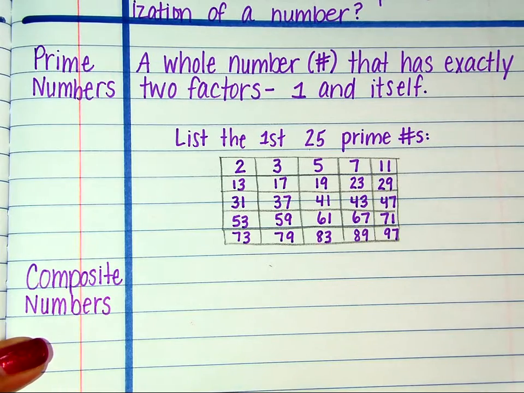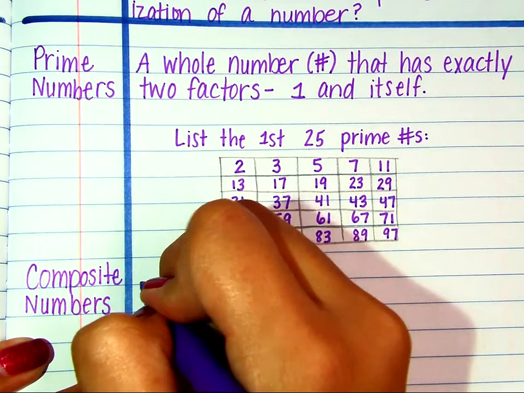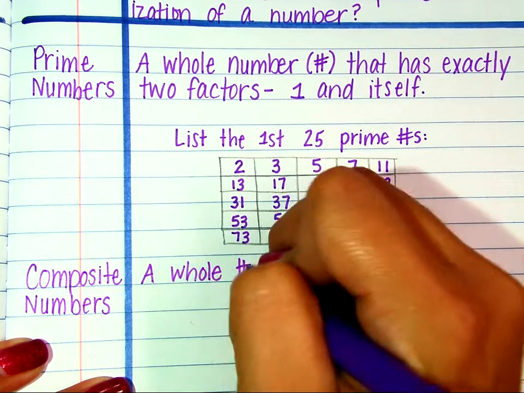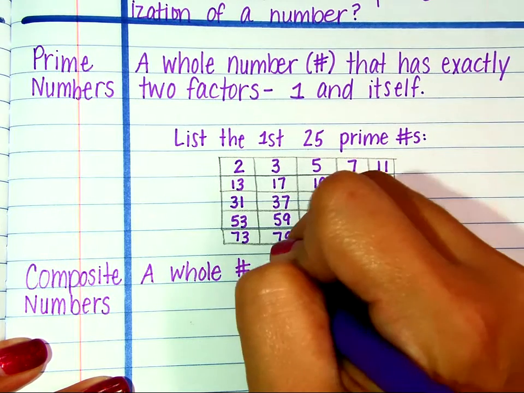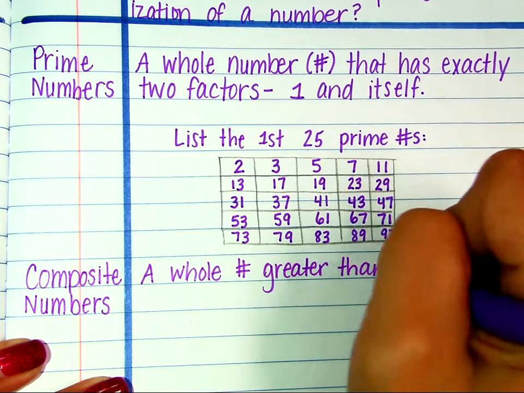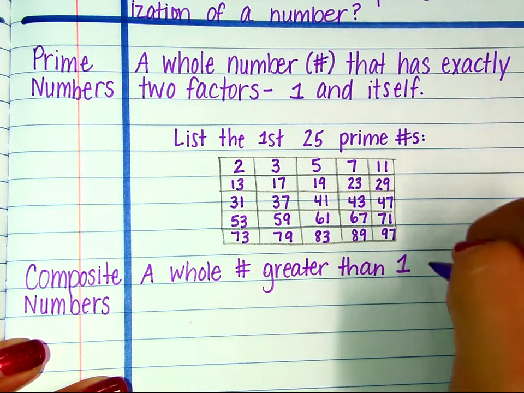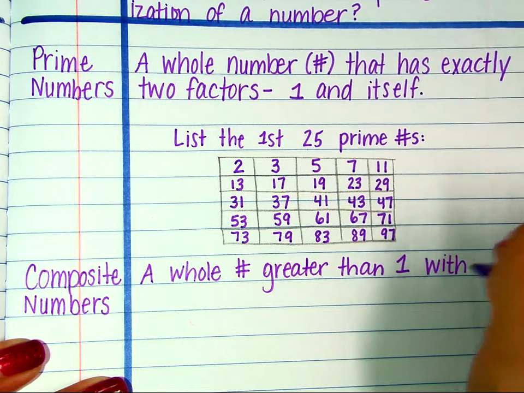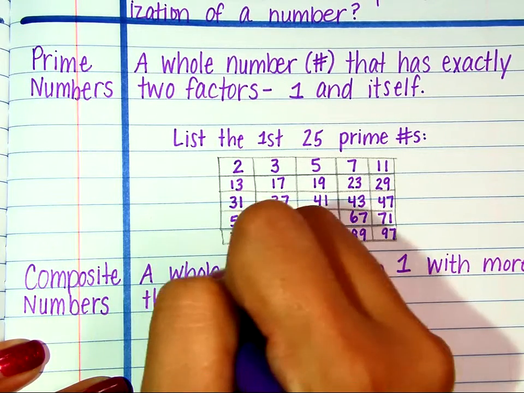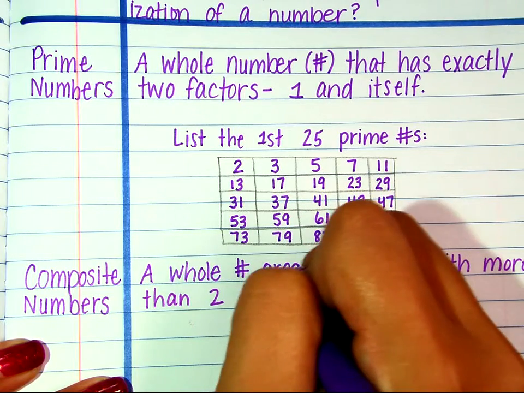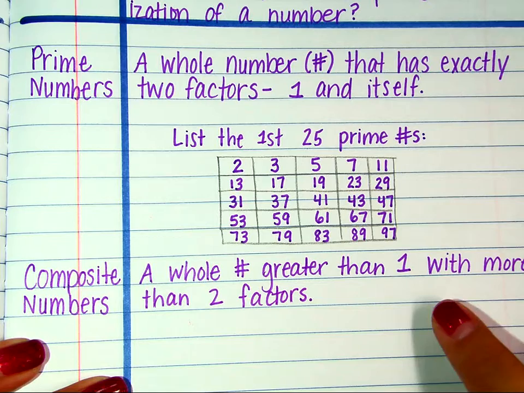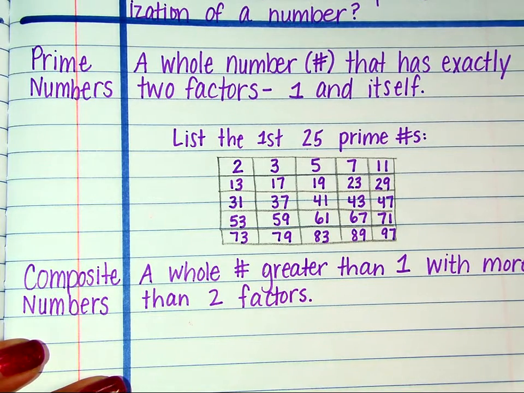Okay, so a composite number is a whole number greater than 1 with more than 2 factors. Prime numbers only have 2 factors. Composite numbers have more than 2 factors.